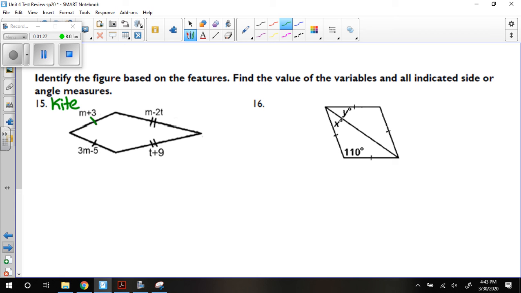Okay, so I've got one equation I can set up here that m plus 3 is equal to 3m minus 5. I also have a second equation I can set up because of these two sides, and it is m minus 2t is equal to t plus 9.